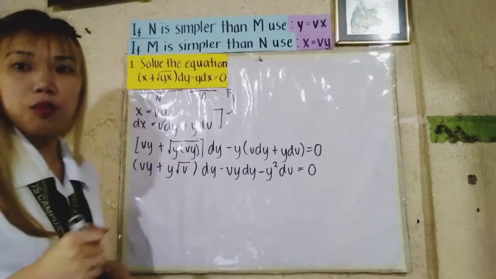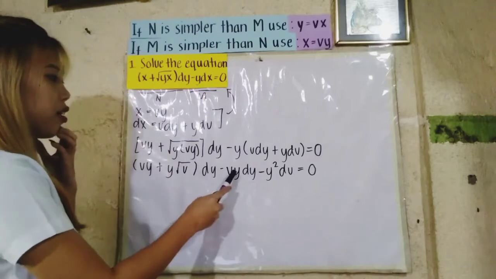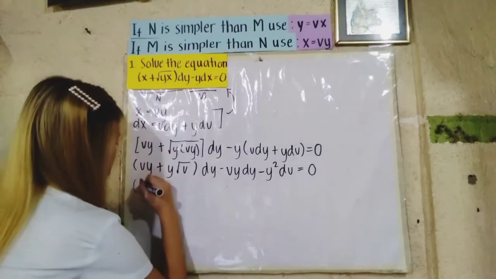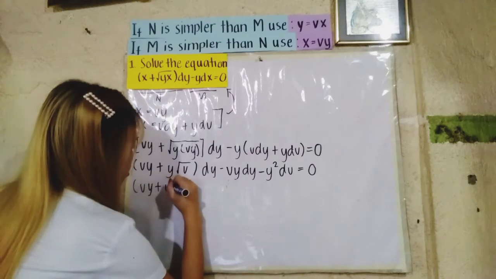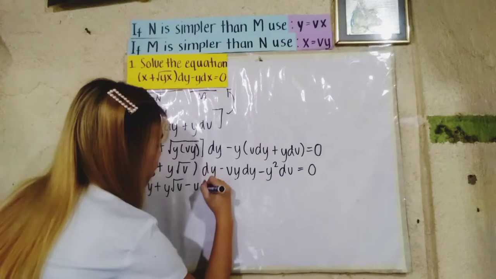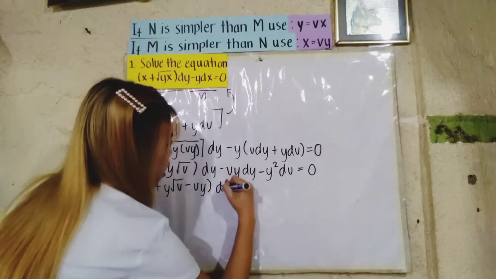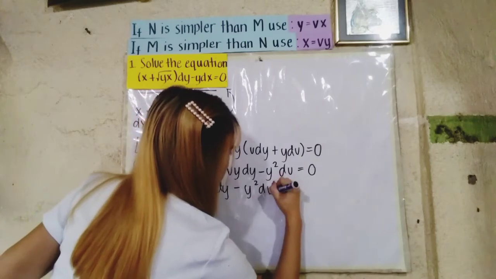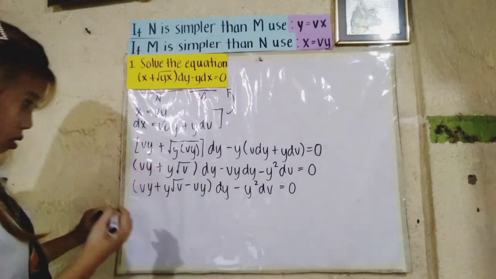So, pagsamahin na natin yung mga like terms, yung dy, itong negative vy, pasok na natin siya dito sa loob. So, we have vy plus y square root of v, then pasok na natin itong negative vy, close, then dy, minus, copy lang natin itong y squared dv equal to 0.